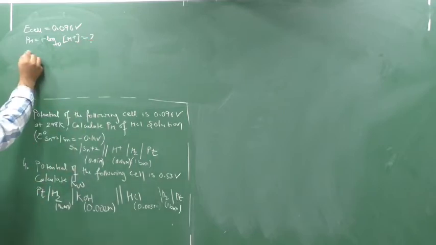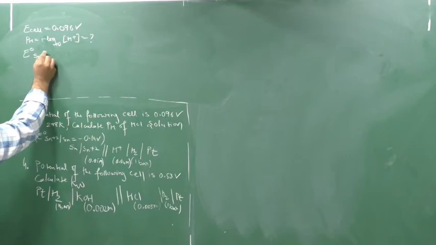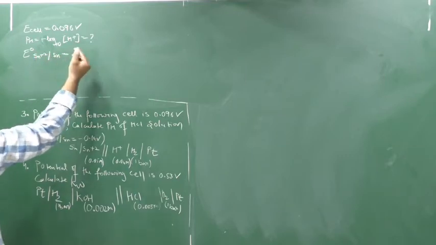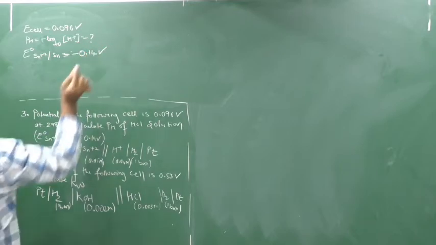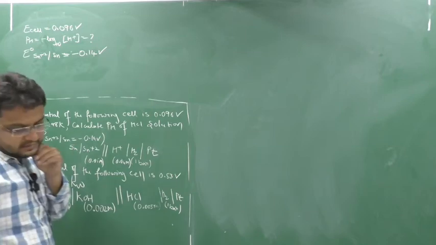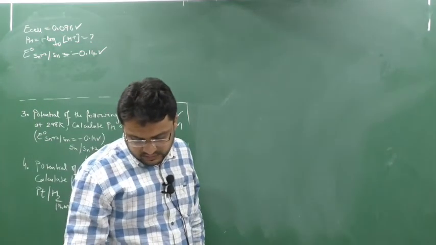E0 Sn equal to minus 0.14 volt, and they have given a certain reaction, that is Sn slash Sn plus 2, H plus slash H2 Pt, and the concentration they have given. Clear? Here they have given the H plus concentration.